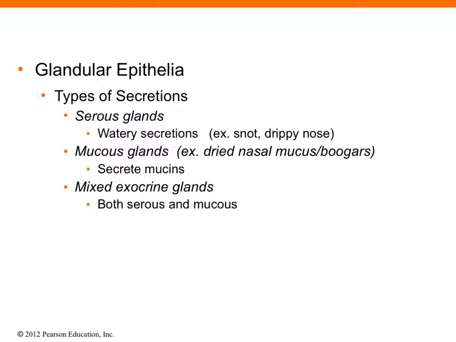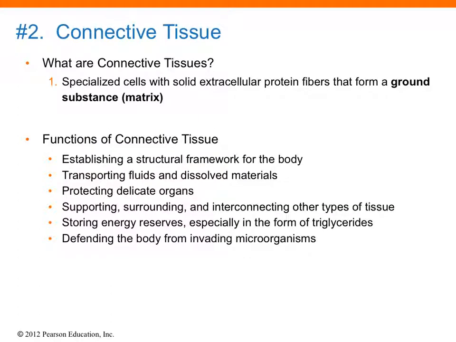Finally, we have the serous glands, and that's the watery secretions, and the example would be a drippy nose. The mucus secretions, and that secretes mucins, and then the mixed exocrine glands, which is both the serous and the mucus. Now let's move on to the connective tissue. Connective tissue are specialized cells with solid extracellular protein fibers that form a ground substance or matrix.